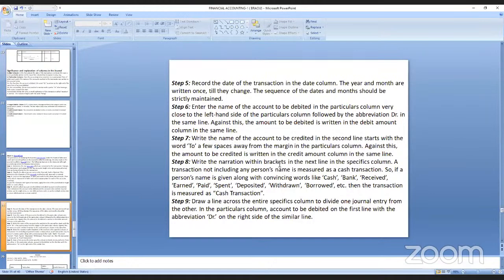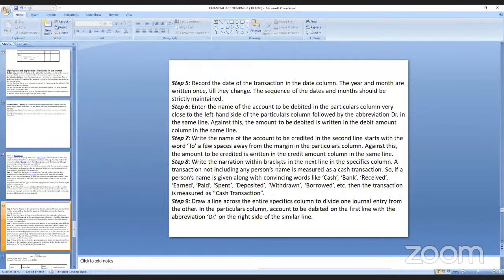Again, the amount to be credited is written in the credit amount column. If it is debited, you write it in the debit column, and if credited, it should be in the credit column. In step 8, write the narration within brackets. Narration should always be in brackets. If the transaction does not include any person's name, it is a cash transaction.